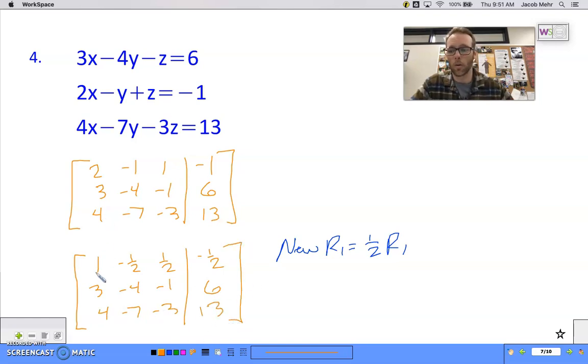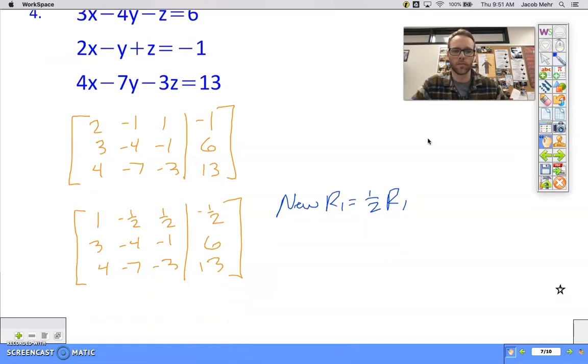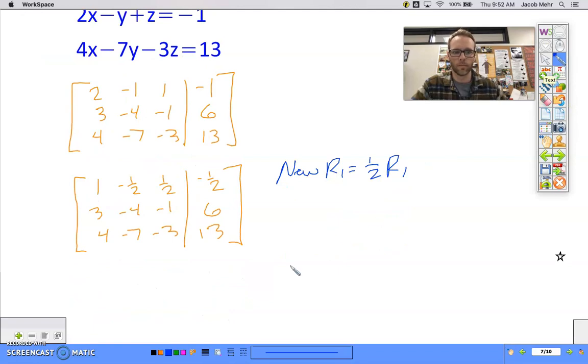All right, next spot we're going for. We need to make this 3 a 0. So how are we going to make that 3 a 0? Well, let's take negative 3 times row 1 plus row 2. New row 2, negative 3 times row 1 plus row 2.